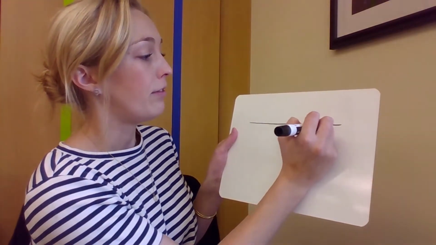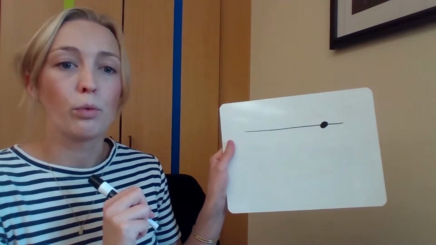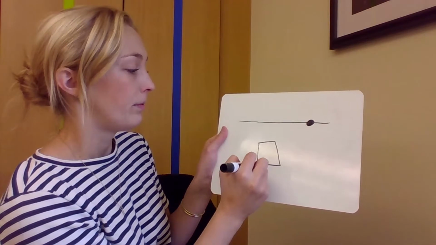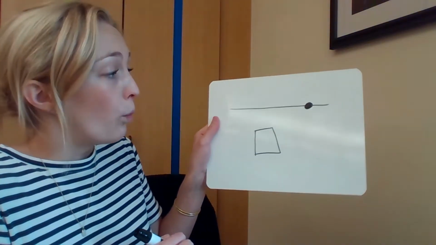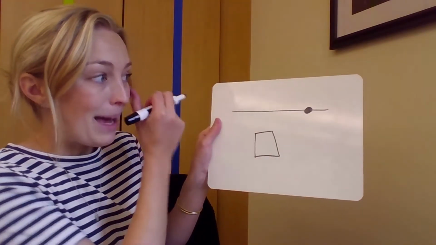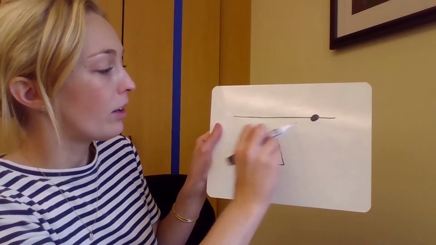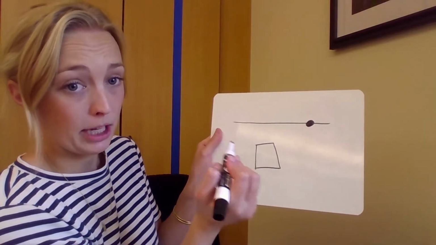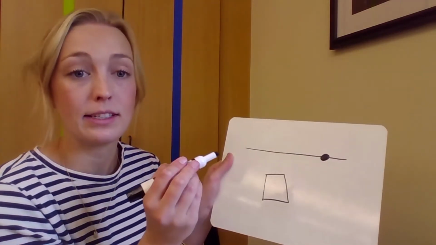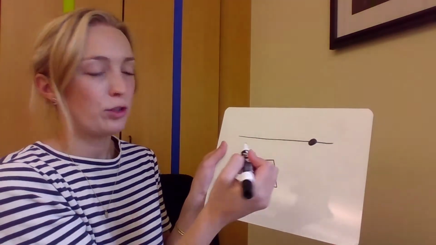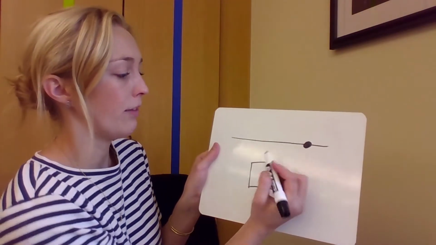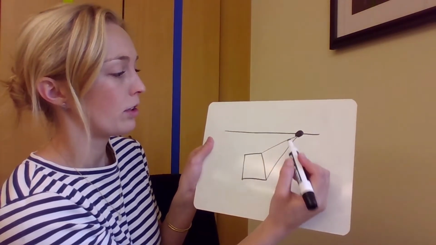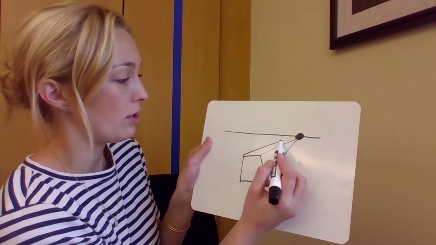If you have a vanishing point up here on your horizon, and let's say you want to draw a cube, what you're going to do is imagine that all of your lines are aiming to that vanishing point. So I like to do this with a pencil really, really lightly so I can erase it, because these are temporary lines that you can go over after. So you're going to bring all of your corners up to this line.